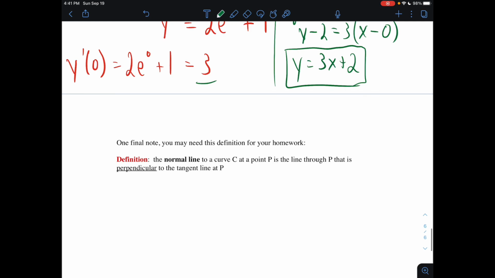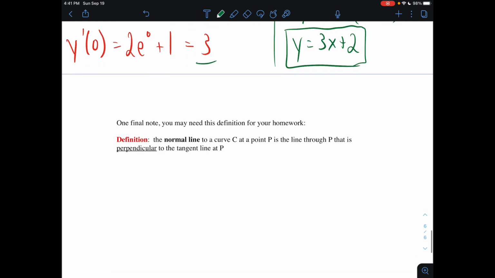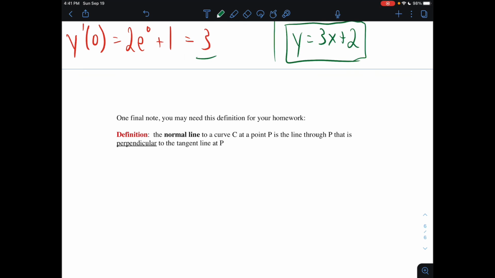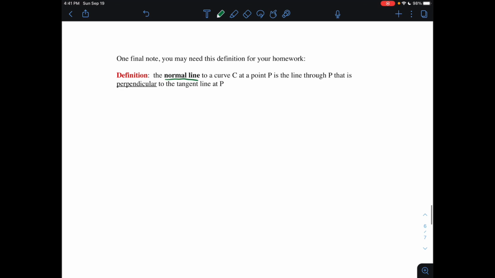All right, so then one final note for something that you'll see in the homework is this definition. The normal line to a curve C at a point P is the line through that point P that is perpendicular to the tangent line at P. So just as a little bit of an image to go along with this, let's say that this was our curve C. And let's say that the point P that we were talking about was here.